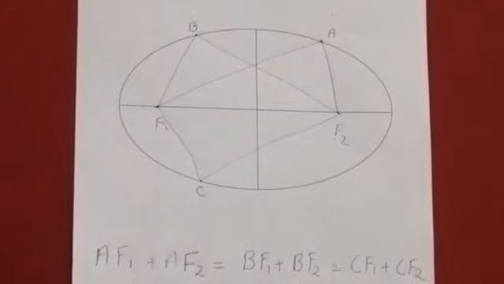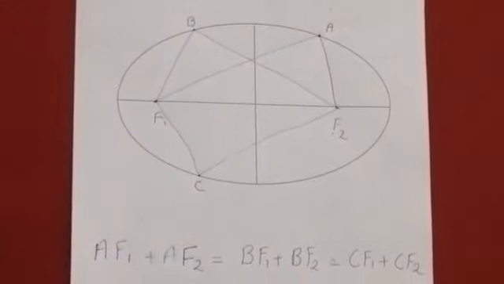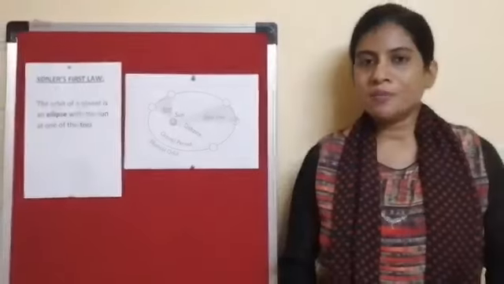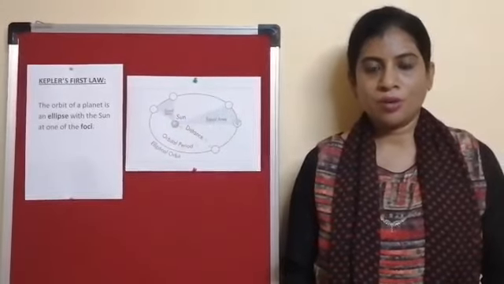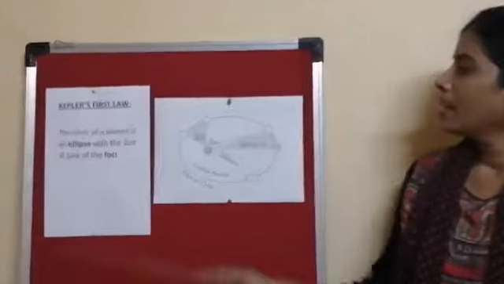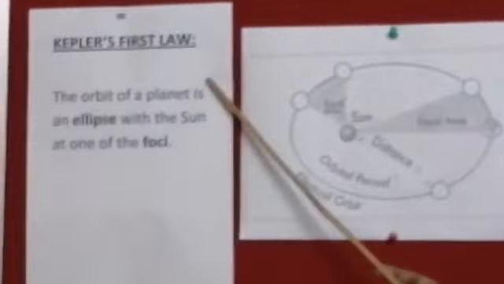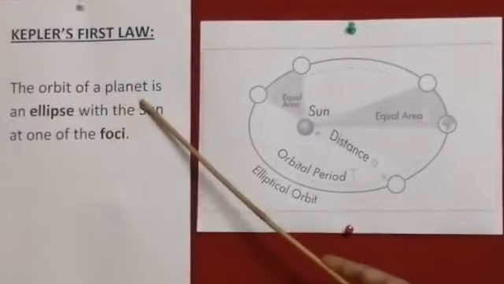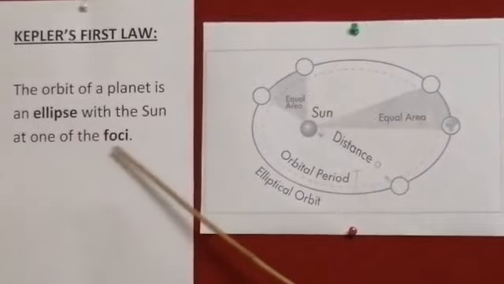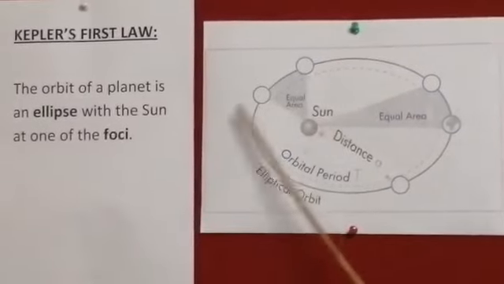Now let's begin with Kepler's laws and understand the 3 Kepler's laws in detail. Now let's begin Kepler's first law. First we will see the statement of Kepler's first law. Kepler's first law states that the orbit of a planet is an ellipse with the sun at one of the foci. Now just have a look at this diagram.